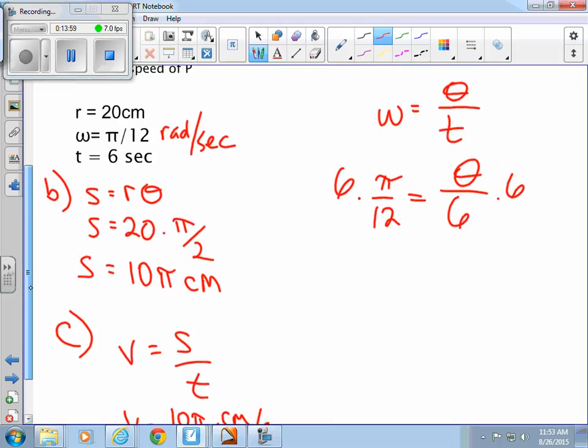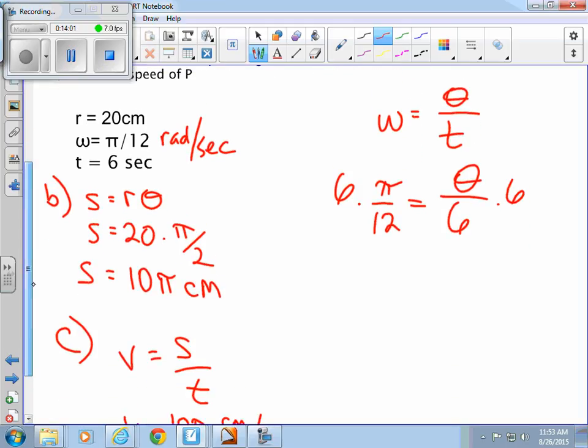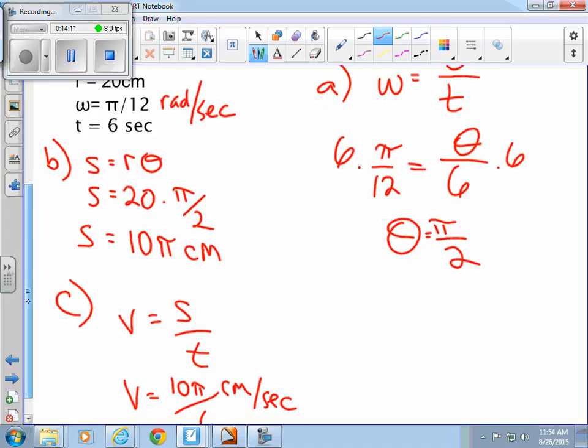How far? This is how we worked A. The answer was pi over 2. We know this distance is r times theta. R is 20. Theta in part A was pi over 2.